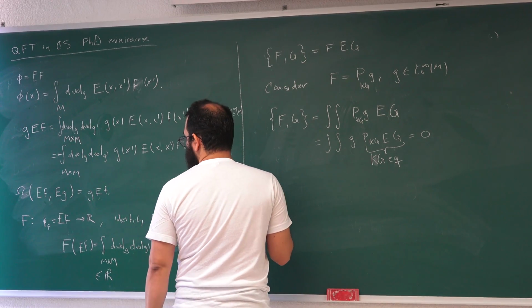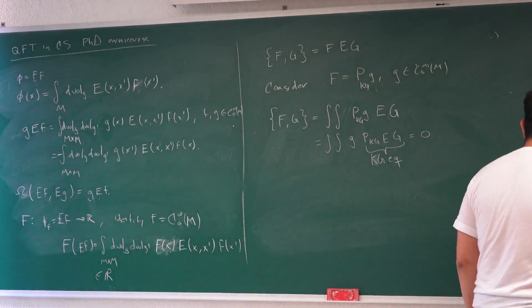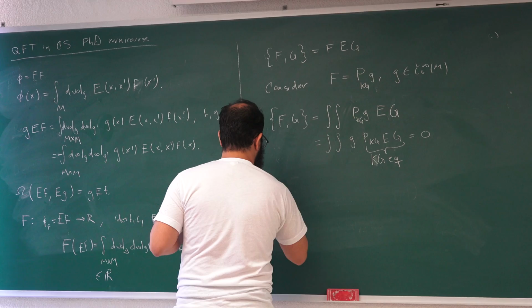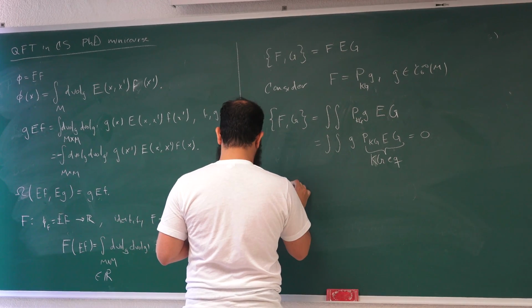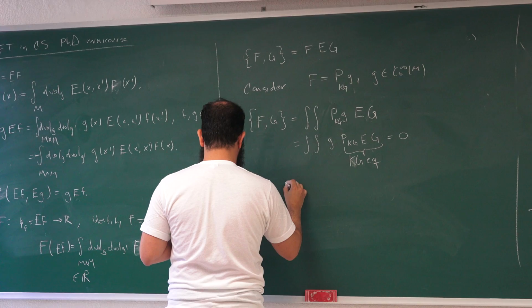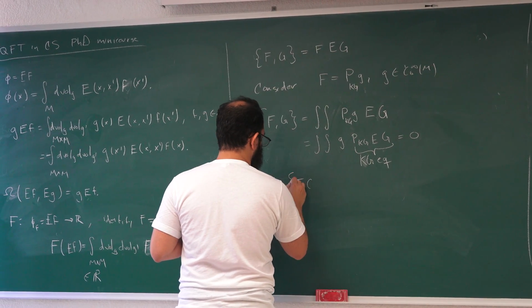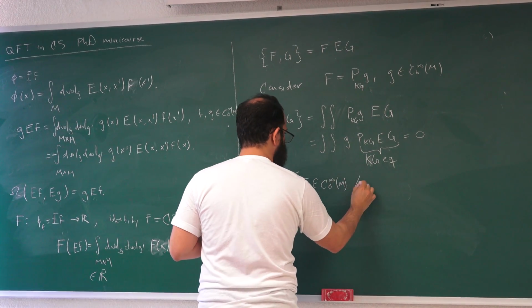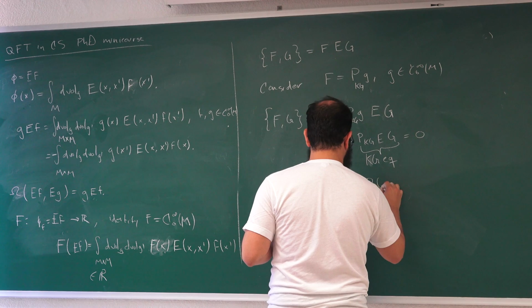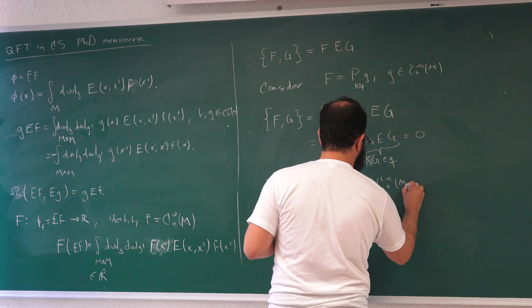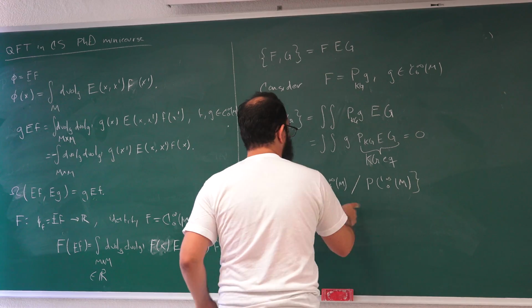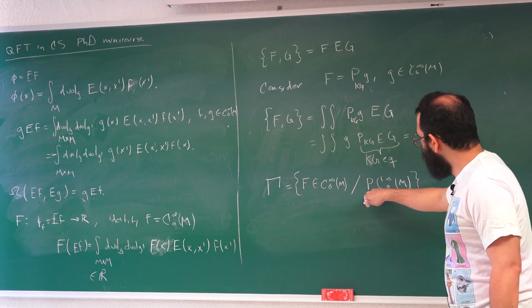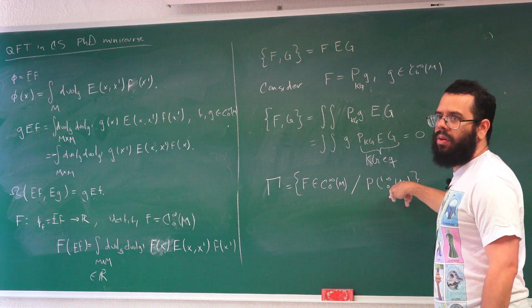So we call the real space of observables the quotient by C. So we identify all the functions that differ by P acting on a smooth function.